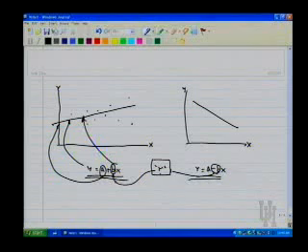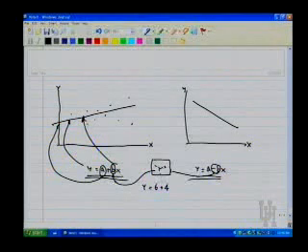Let us presume that the regression equation from some hypothetical set of data is y equals 6 plus 4x.